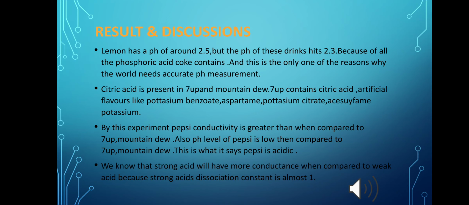So we observe that strong acids have lesser pH. By this experiment we also observe that lemon has a pH of around 2.5. These are the results and discussions of conductometric and pH metric titrations.